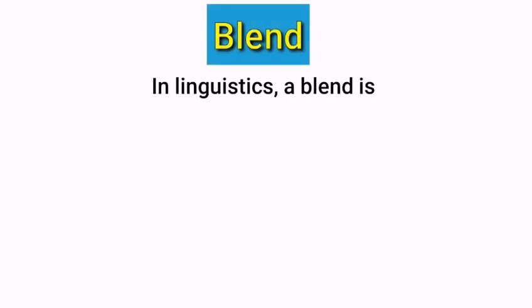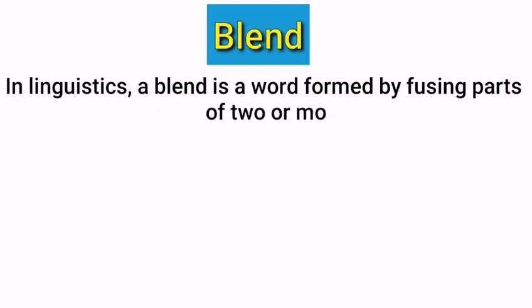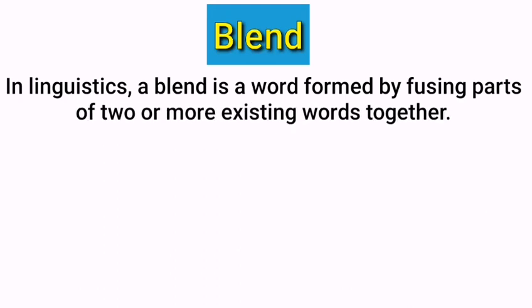Now let's learn blend. In linguistics, a blend is a word formed by fusing parts of two or more existing words together. Simply, it means that a blend is also another way of creating a new word in linguistics. But it is a little different from the acronym.